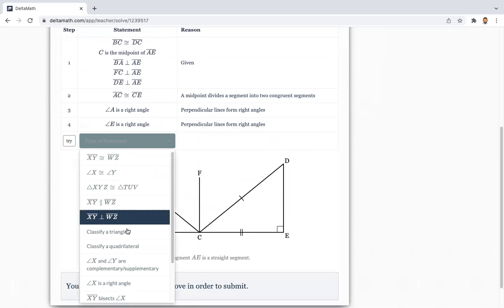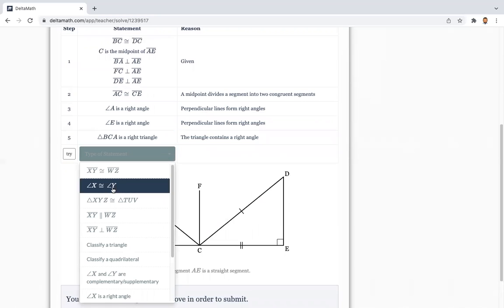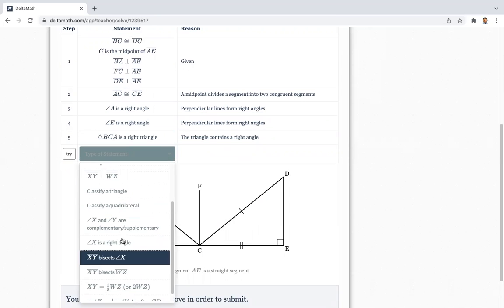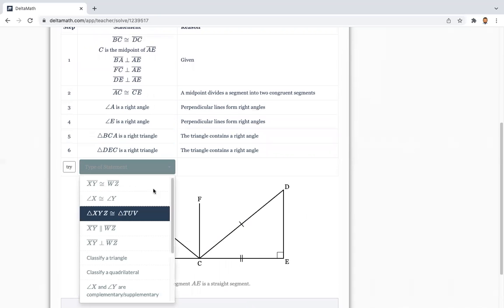So I've got to classify my triangles. BCA is a right triangle because it contains a right angle. Stating the obvious. Classify a triangle. DEC is a right triangle because it contains a right angle. Then we can do a little hypotenuse leg magic.